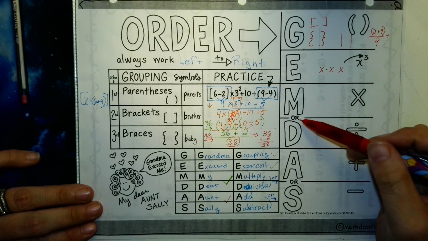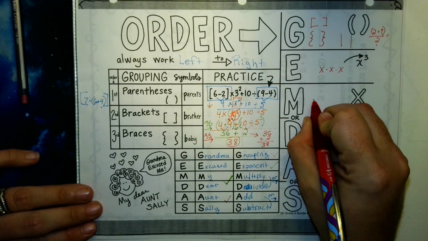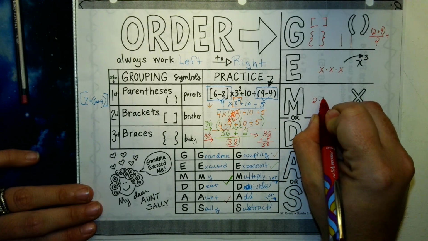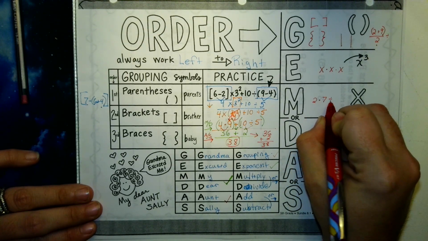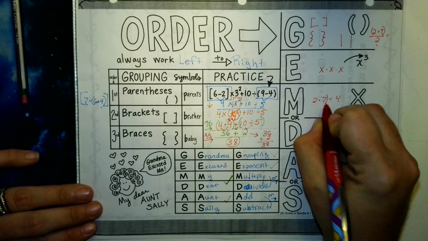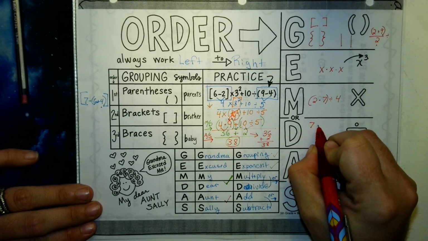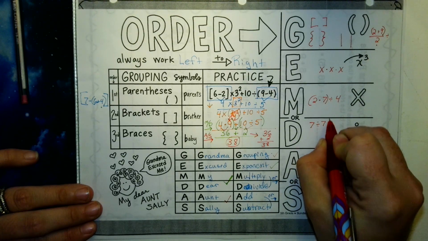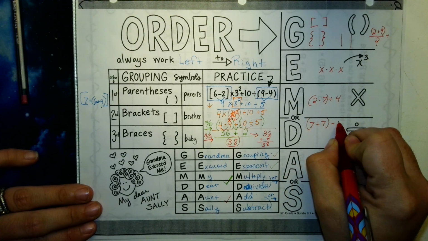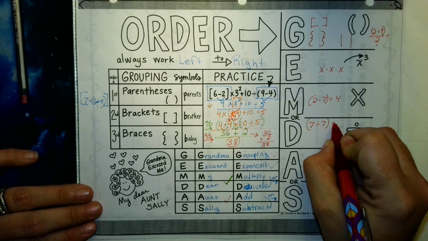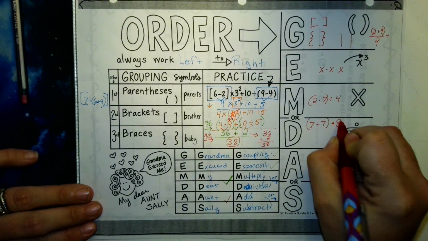Again, multiply or divide, it doesn't matter. It could be 2 times 7 divided by 4, and you would do this first and then that. You could do 7 divided by 7, let's say times 8.